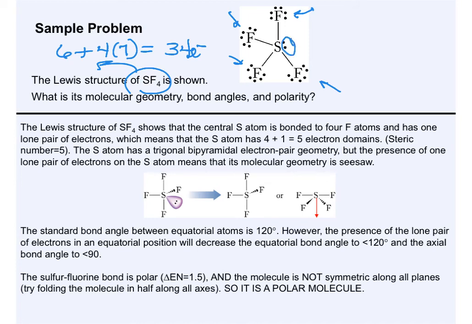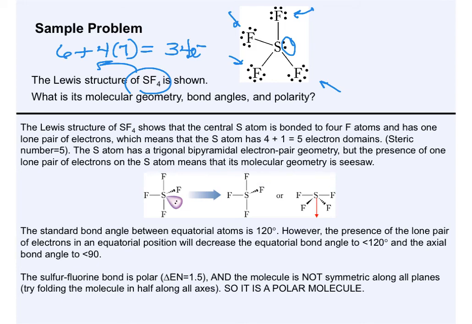So I happen to know the sulfur-fluorine bond is polar. Most bonds actually are polar. There's only a handful that have electronegativities close enough to be nonpolar. So we have at least a polar bond. We've met that prerequisite.